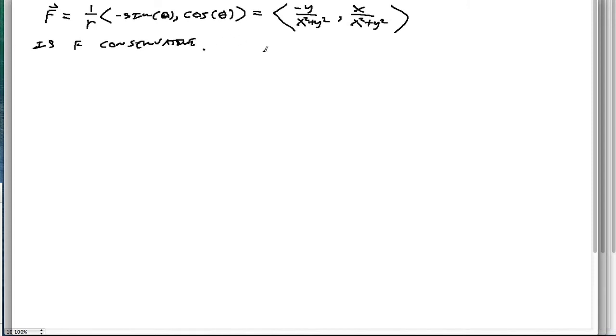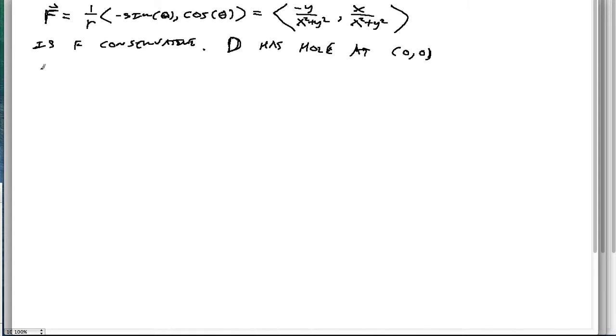But we had a problem that our set D had a hole at the origin. We have the division by 0, right? So this vector field isn't defined at the origin. So because of that issue, it wasn't conservative on the entire plane, right?